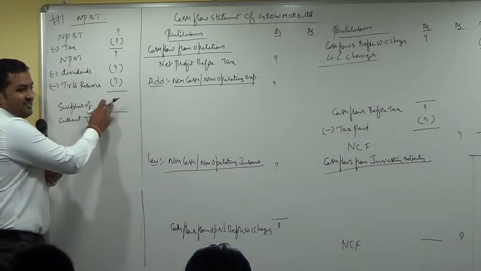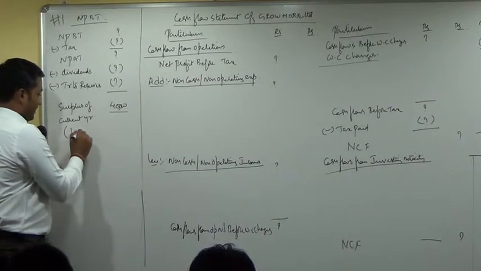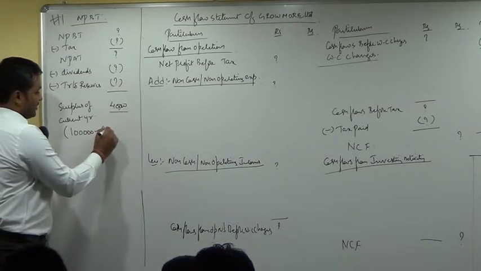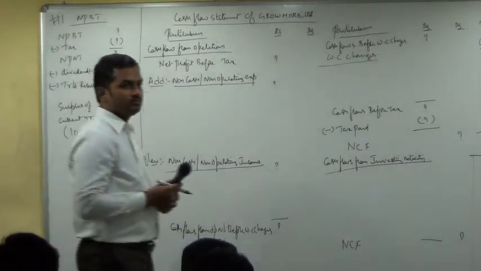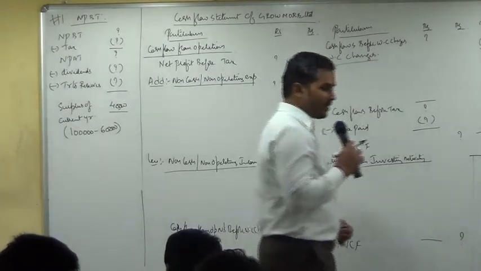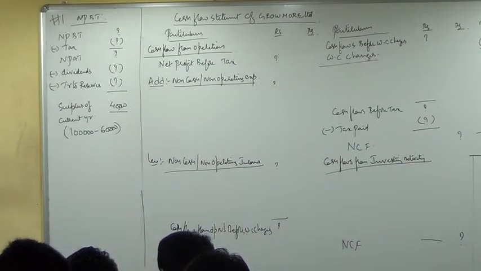Surplus of current year I know. How much is it? 40,000. 1 lakh minus 60,000. Surplus of current year is 1 lakh minus 60,000, 40,000.